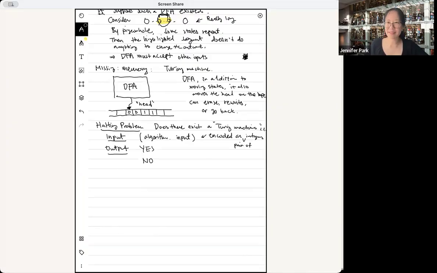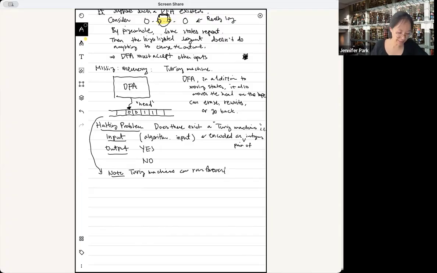Depending on how you describe your DFA and how you have your input, the program just might run forever. So note, Turing machines can run forever. And this is really a big problem as well.